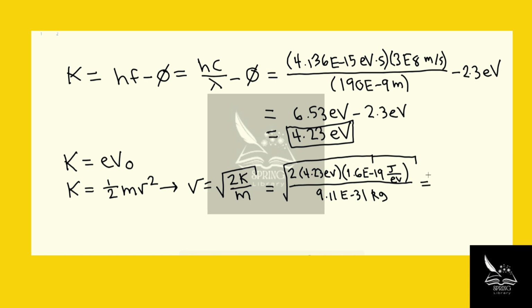Doing this computation gives us a result of 1.23 times 10 to the 6 meters per second. So these are the velocities of our photoelectrons.